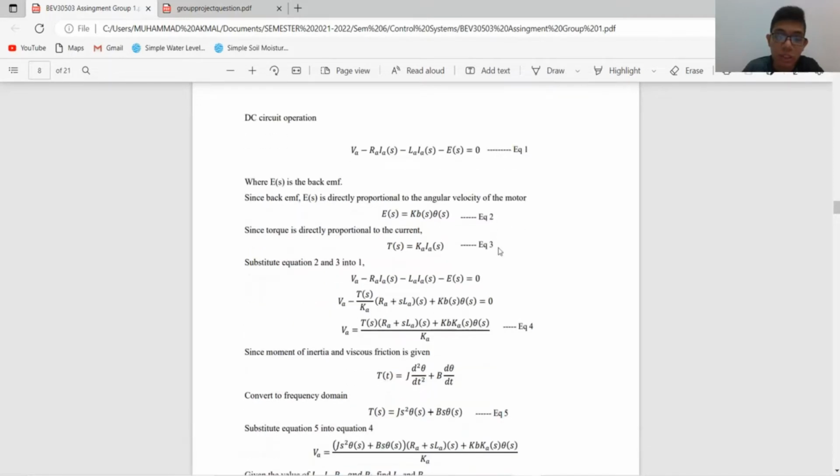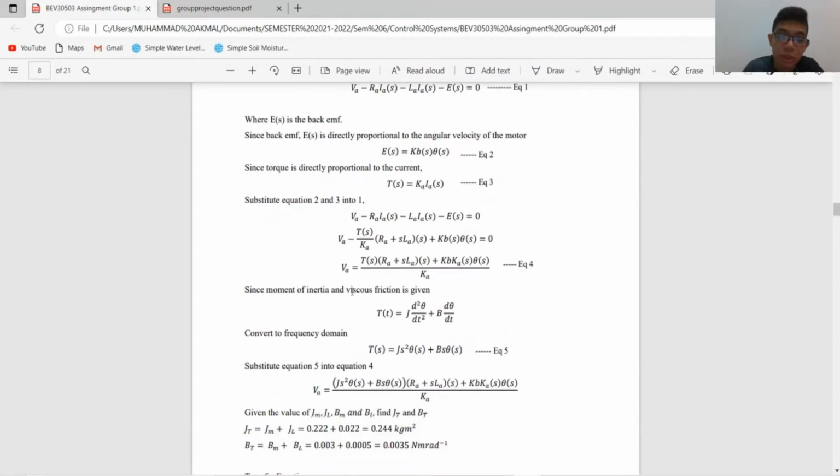Then we substitute these two equations into equation number 1 over here. Then we get VA is equal to T times (RA plus s LA) plus KB KA s theta(s), all over KA, for equation number 4. Now we want to find the T over here. We use this formula and then convert it to the frequency domain. We get T is equal to J s squared theta(s) plus B s theta(s) for equation number 5.